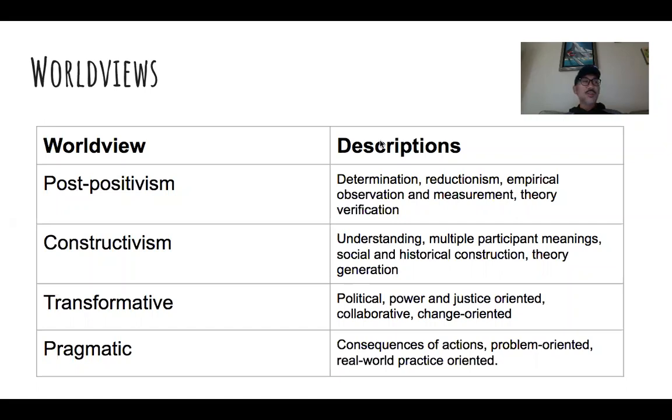Post-positivistic researchers hold a deterministic philosophy in which causes probably determine effects or outcomes. And this is accomplished through careful observation, measurement of an objective reality that is out there in the world.